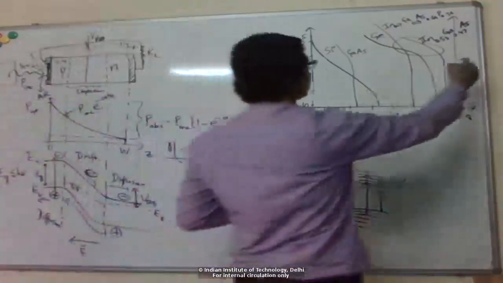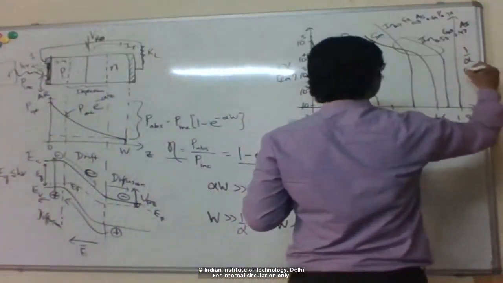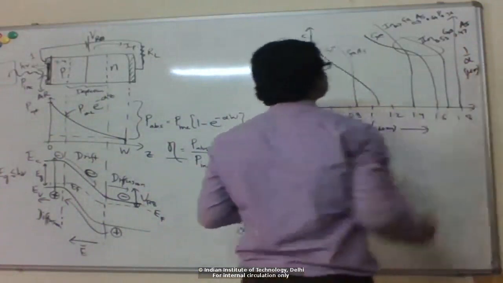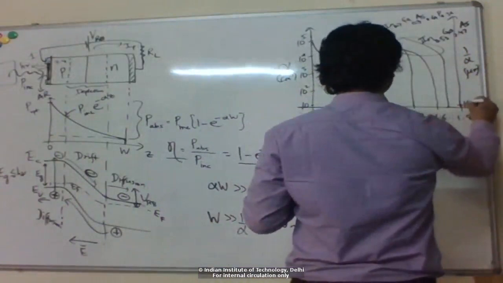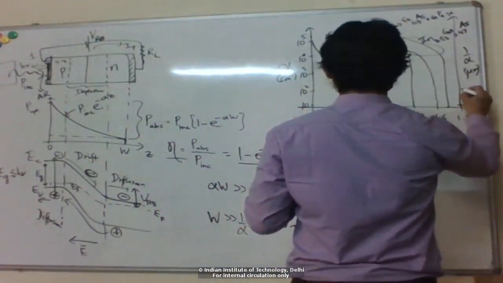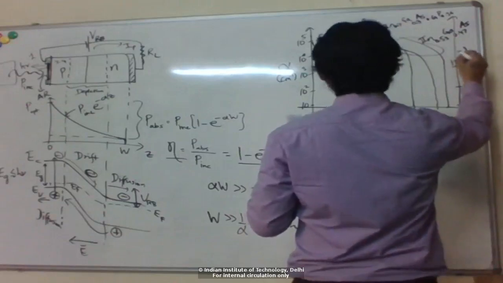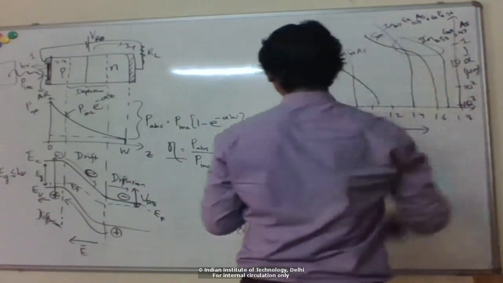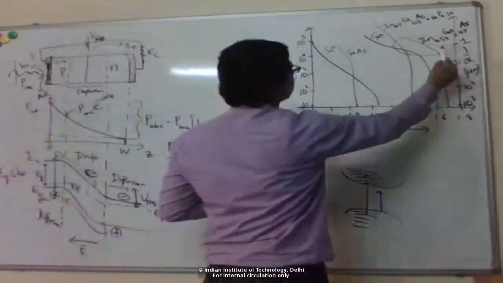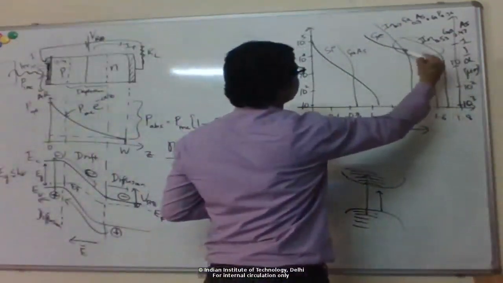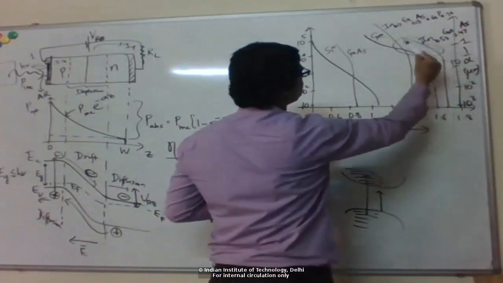If you plot 1 over alpha, the penetration depth, in microns, here you can see we're talking about penetration depths of around a micron, or maybe a couple of microns, 3 microns.